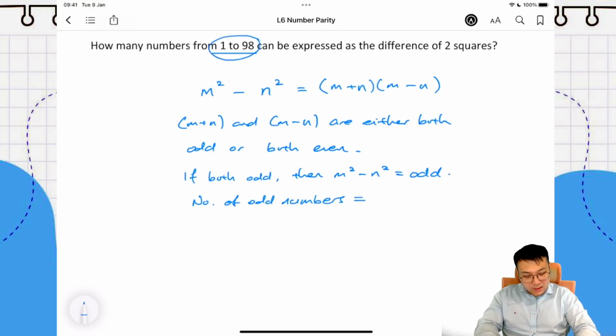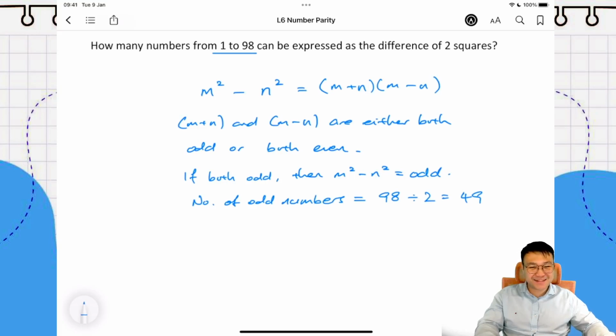You just divide by 2, because half of them are odd, half of them are even. That means we have 49 numbers. So we have already found that if both of them are odd, then there are 49 possible numbers from 1 to 98 that can be expressed as a difference of two squares.